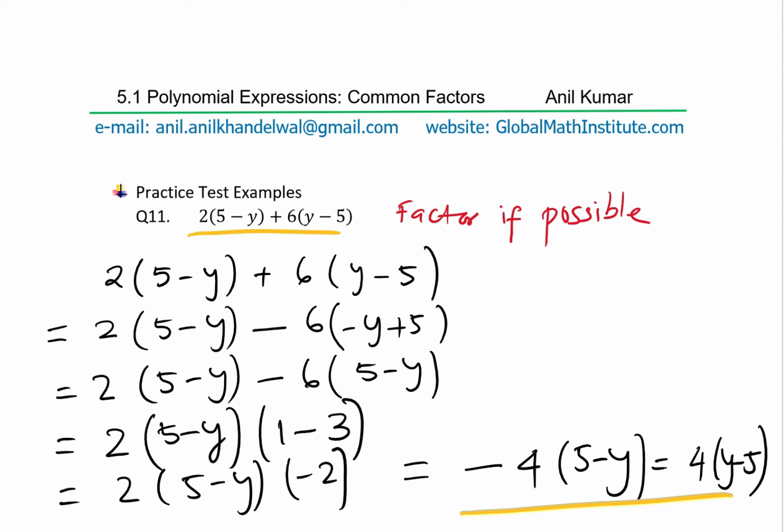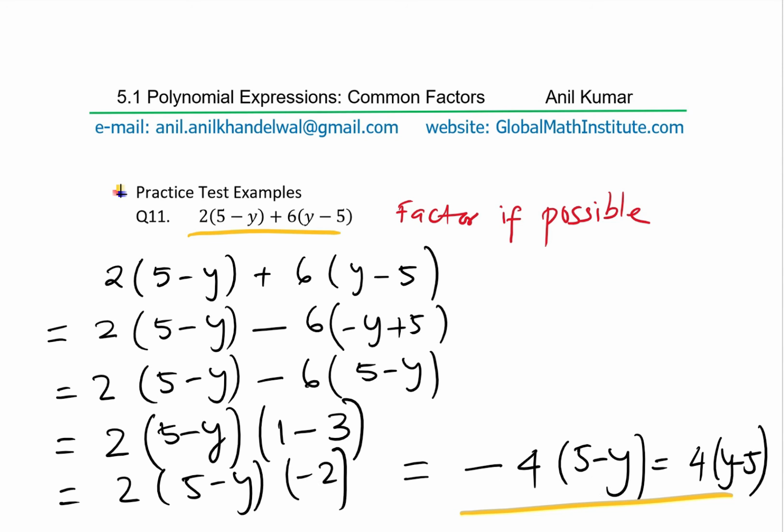So what you saw here is if you have seemingly different terms, think about taking negative as a common factor. If you do that, you see in this case 5 minus y and 5 minus y become a common factor. So when I take 5 minus y as a common factor along with 2, I will get 1 as the term left in the first term and 3 in the other with a negative sign. 1 minus 3 is minus 2, and therefore we'll just multiply and get a result.